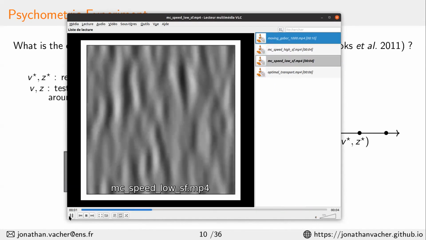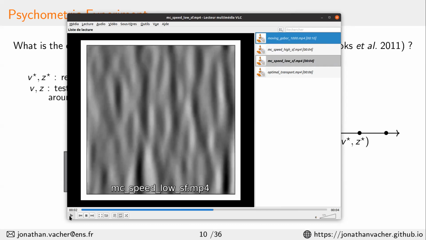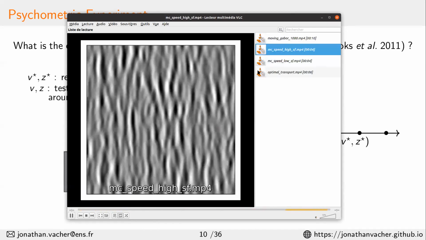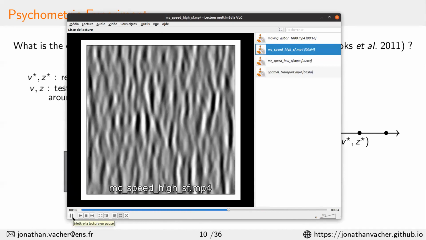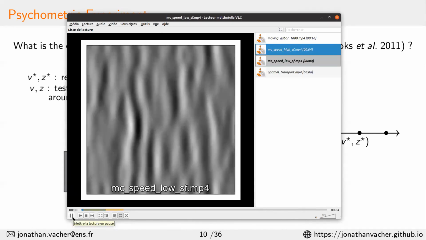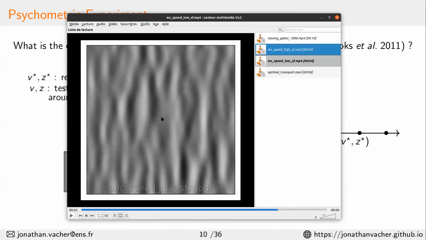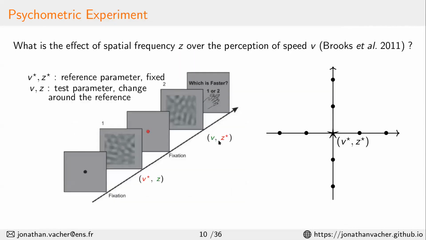This is another one. I can play it again. Normally you have the impression that the second one is slower, while in fact they have the same speed. And the only variable that is changing is the spatial frequency, the average spatial frequency of the stimuli.